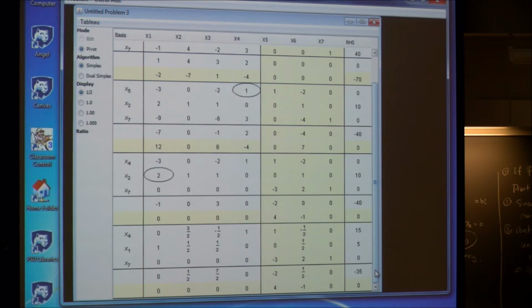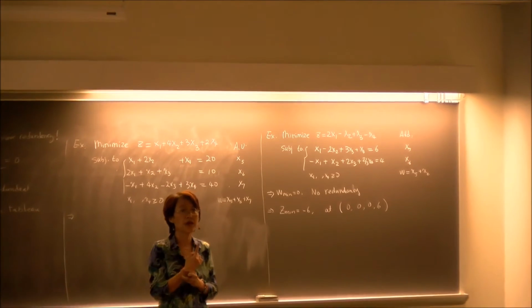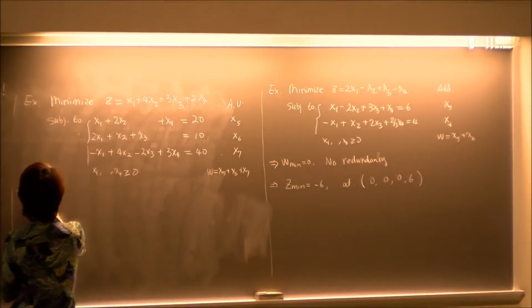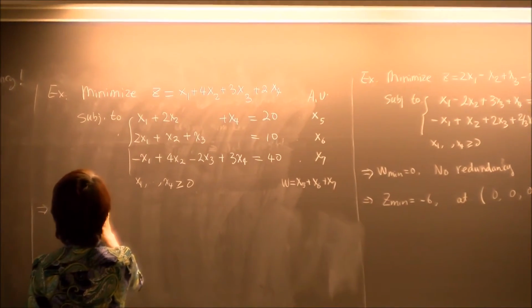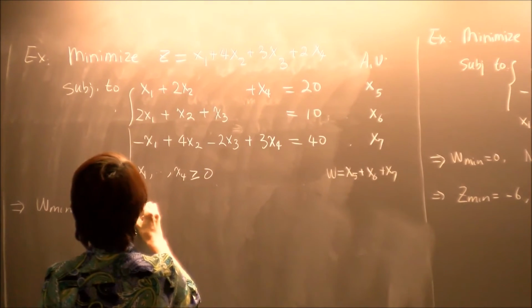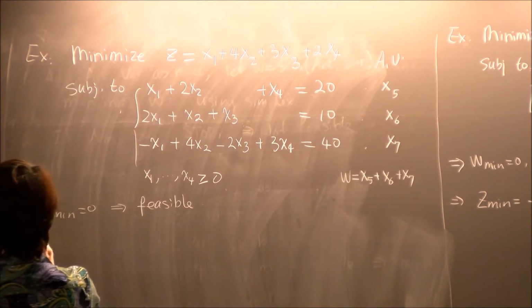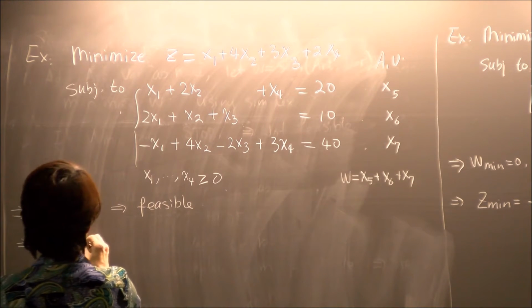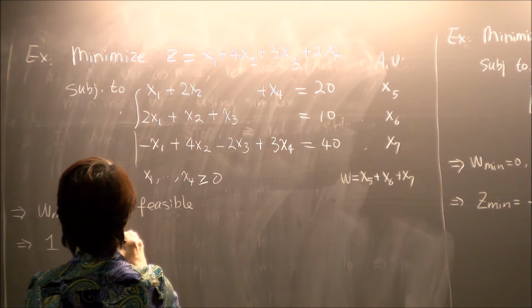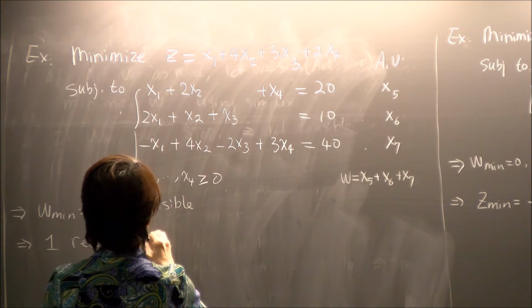So let's write out what we found. So first, we found one redundancy. Is that right? So W min is 0, so the problem is feasible. That is good. And then second, we found one redundant equation.